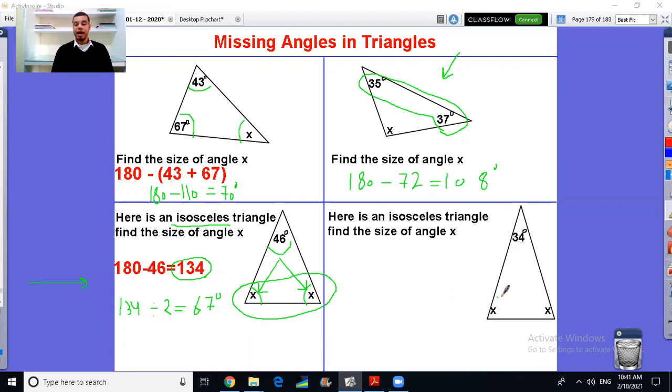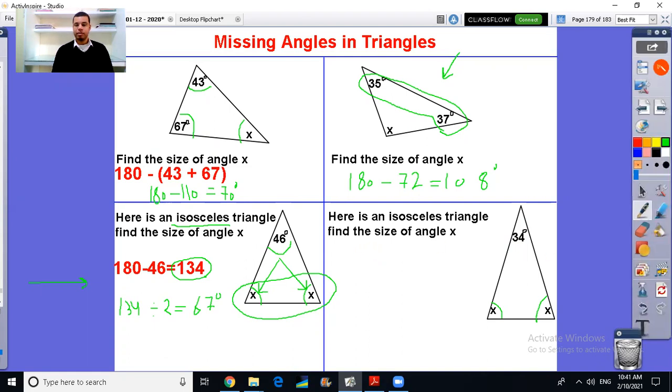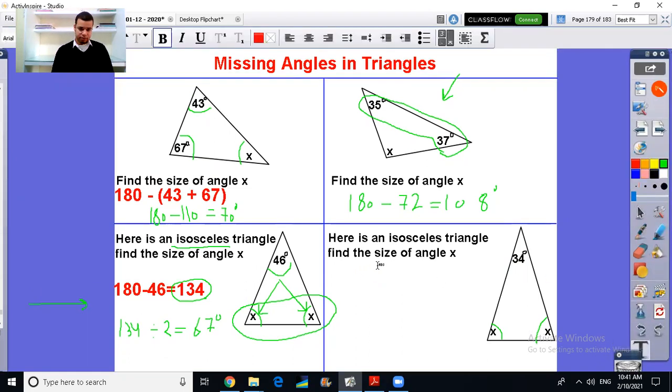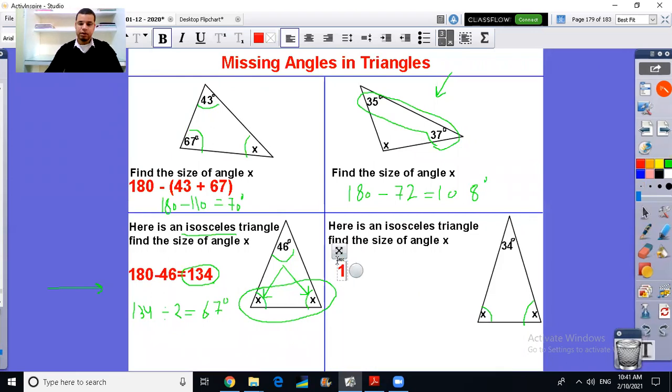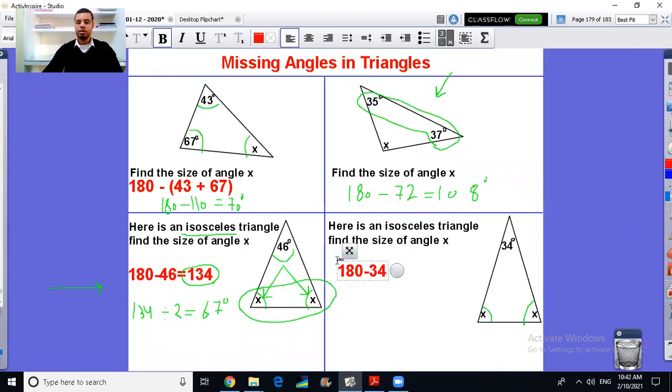How can I find the x? Here, okay, Mr. It's an isosceles triangle, which means that these two angles are equal. I'm going to subtract 180 minus 34. 180 minus 34 is going to give you exactly 146.